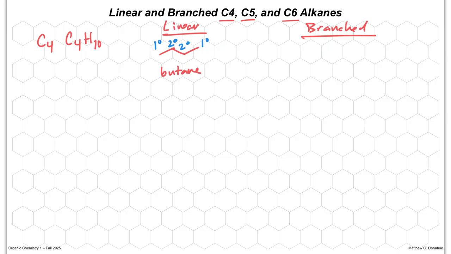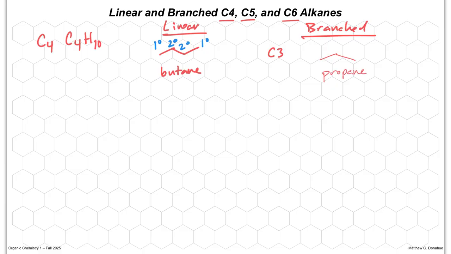So if we wanted to draw a branched isomer of C4, that means we have to go down in carbon count of the longest chain. So this would be now starting at C3. And so we know a 3 carbon count molecule is called a propane.